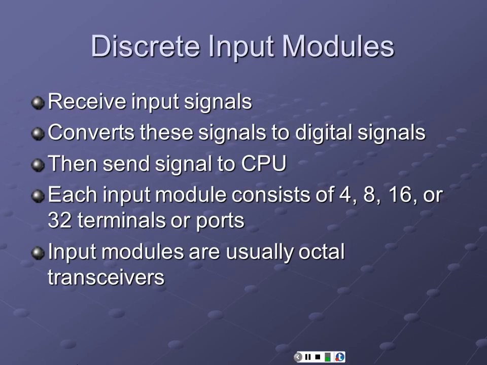Okay, so binary has 2, 4, 8, 16, 32, 64. Everything's binary. And we'll talk about that shortly too. But input modules are usually octal transceivers. You don't need to know that, but if you're in industrial electronics, that might be something you hear later, so I just left it in there.